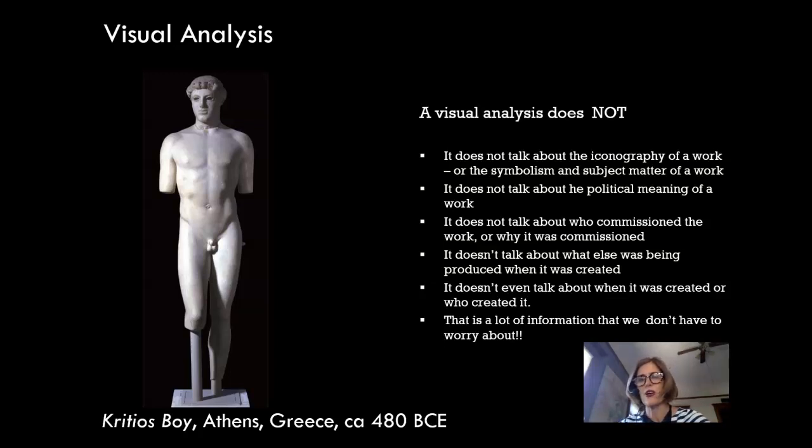It does not talk about who commissioned the work of art or why it was commissioned. It doesn't talk about what else was being produced at the time it was created. It doesn't talk about when it was created or who created it. We don't need to know the artist. And that is a lot of information that we do not have to worry about. So that is the good thing about a visual analysis.